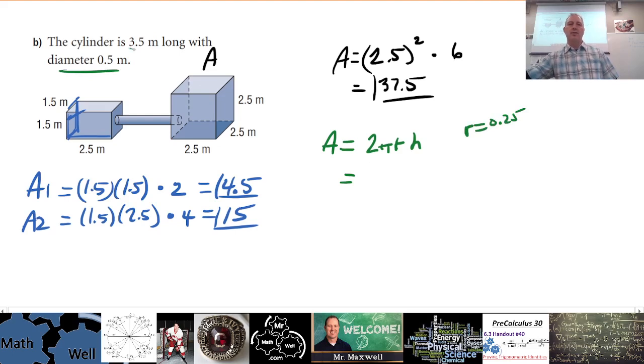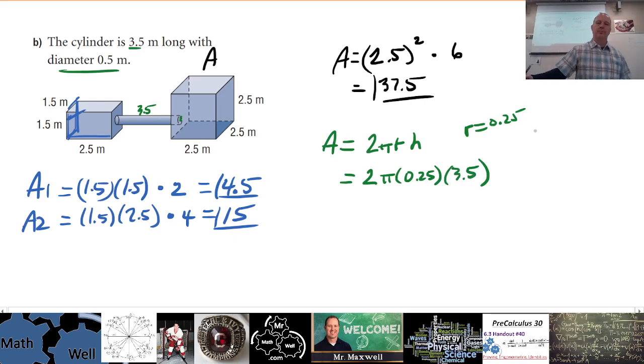So the height is 3.5, so this is 3.5 here, and then the radius is 0.25. So 2 times pi times 0.25, that's the radius of this circle, times 3.5. And that's just going to be this wraparound part.